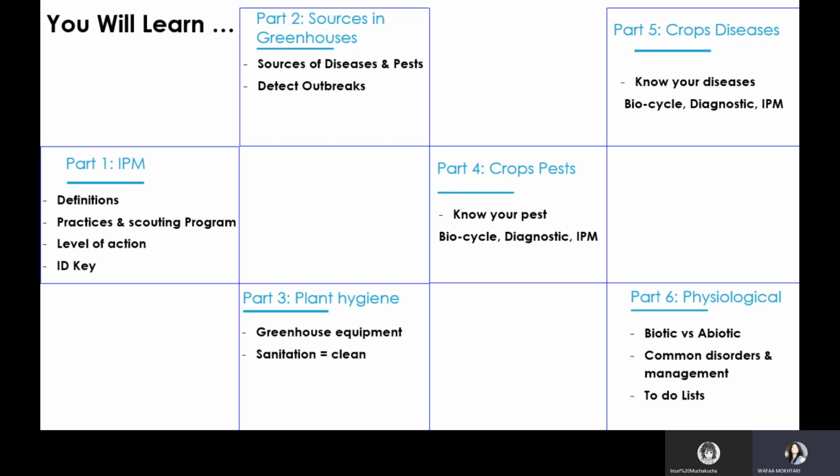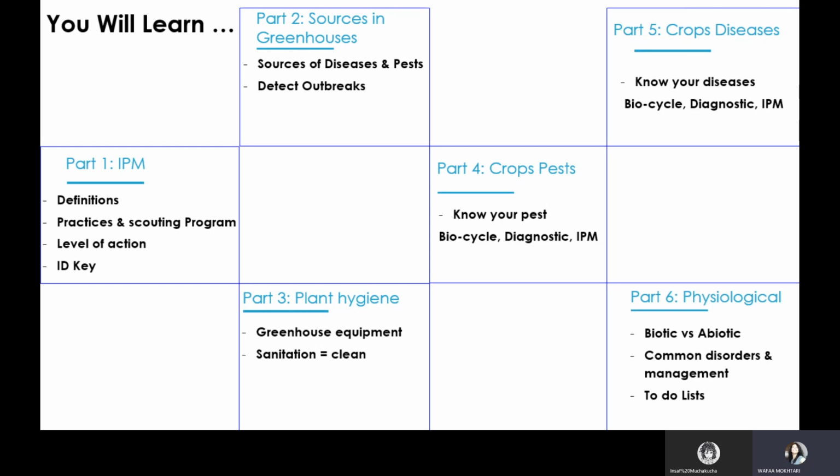Sometimes it is because the irrigation system is not working, and your plant, your crop, wilts, rots, or something wrong happens to it. Some necrosis in the leaves. The leaves start to change color, they become yellow, maybe another color. So this is maybe physiological.